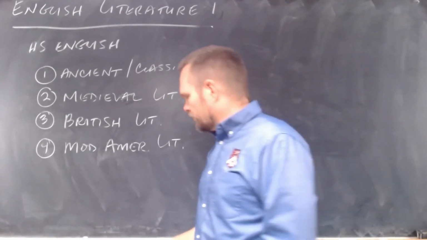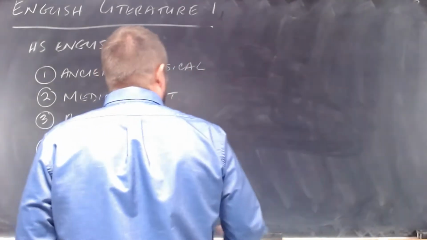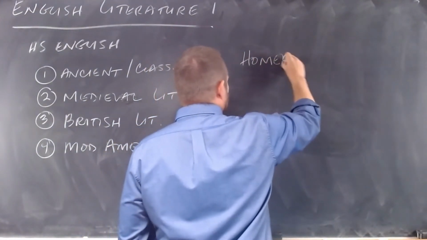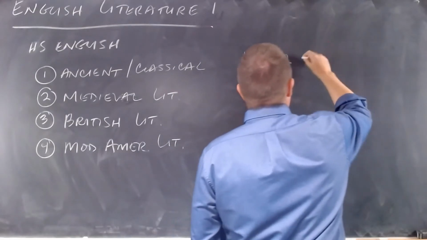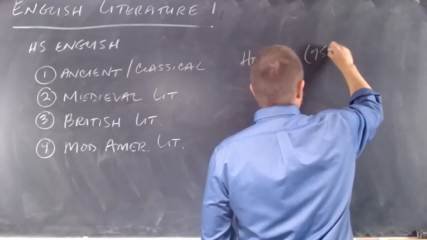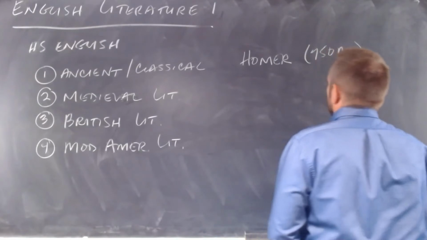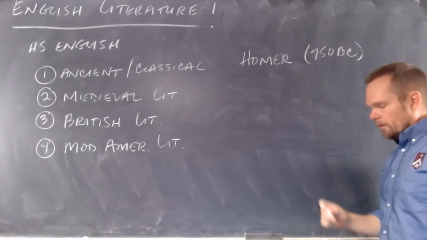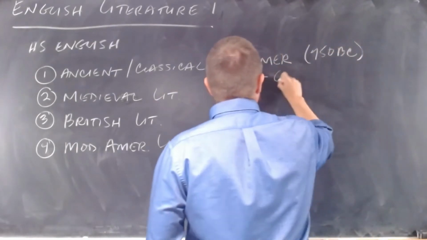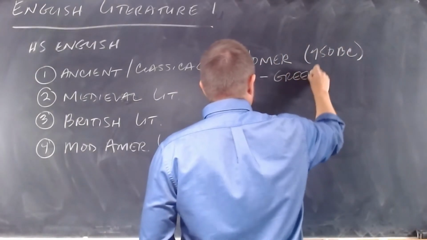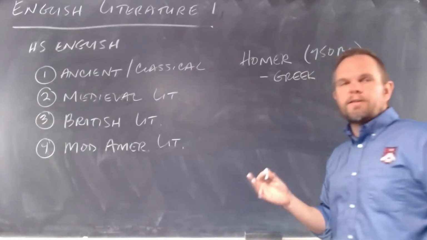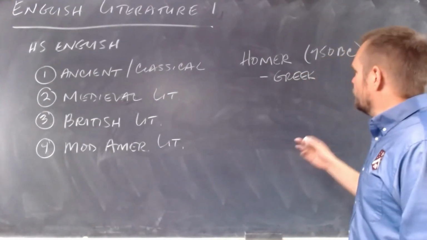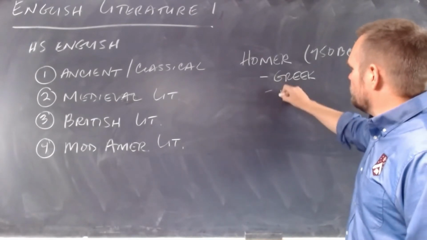So, for example, when we study Homer's Iliad, you know from world chronology that Homer lived around 750 years before Christ. Homer lived in 750 BC and he wrote in Greek. So Homer's Iliad is a Greek book. And it's a poem. So not only is it Greek, but it's a poem.